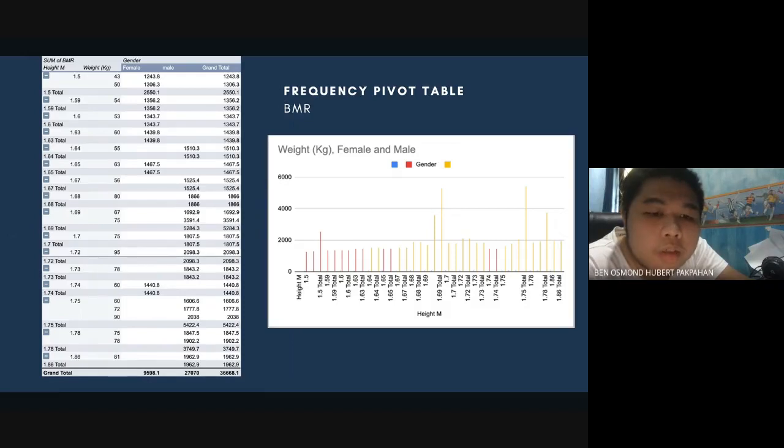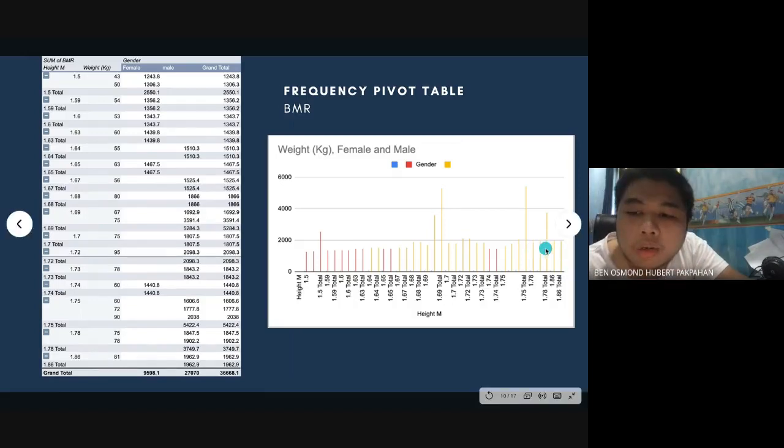Their BMR is 1692.9 and 3591.4, so the total for 1.69 meter is 5284.3. This continues until the last one, 1.86 meter. And this is the graph.